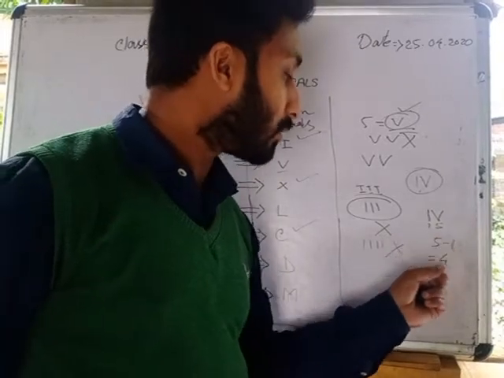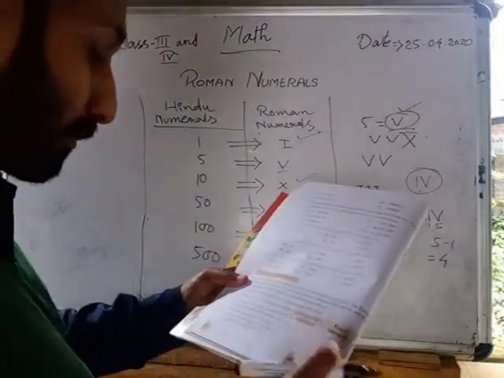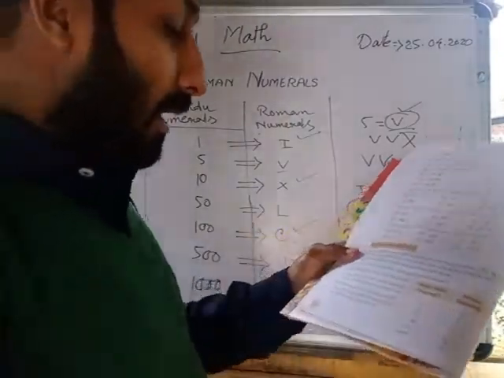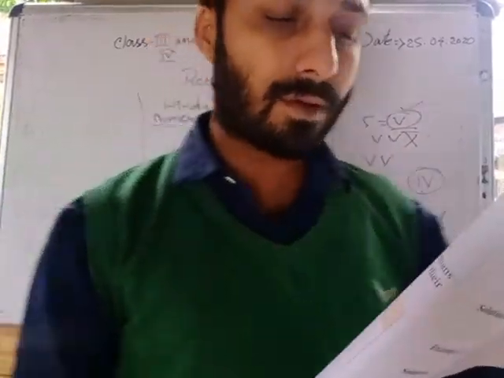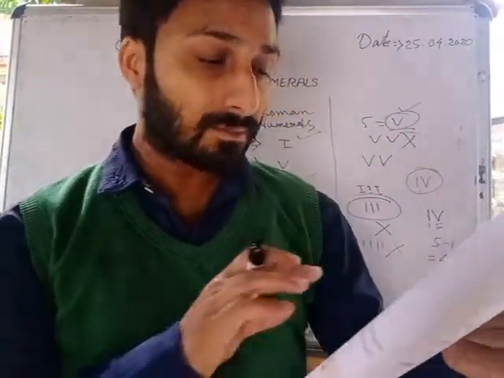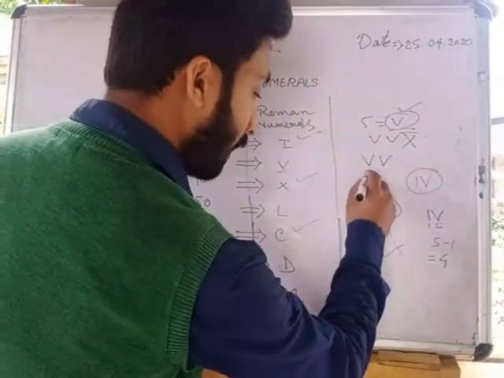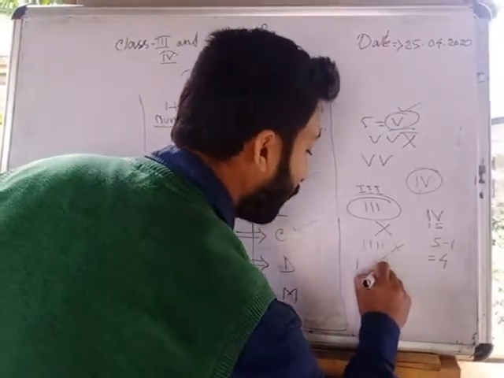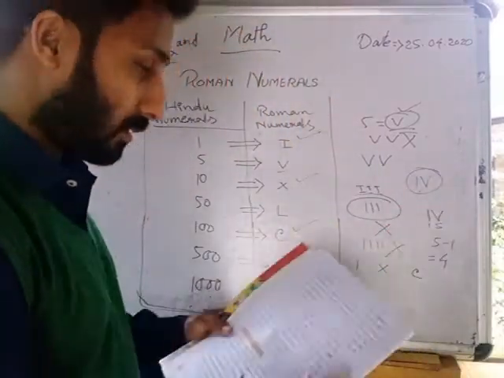That's why 5 minus 1 is 4, and we write 4 like this. The letters I, X and C can be repeated up to a maximum of 3 times only.